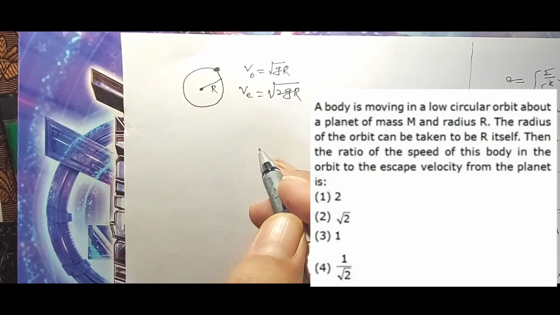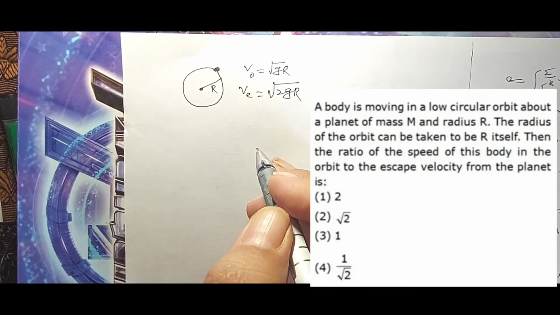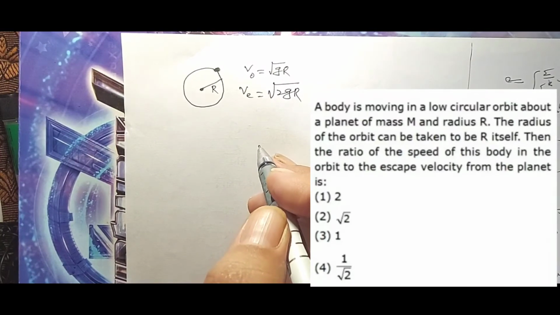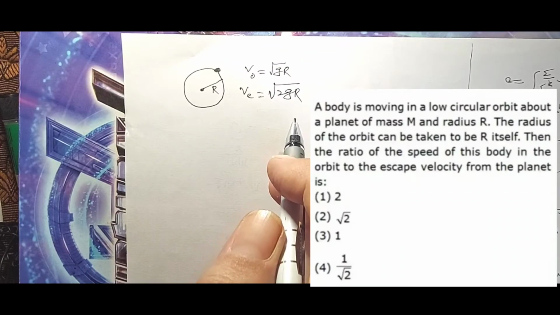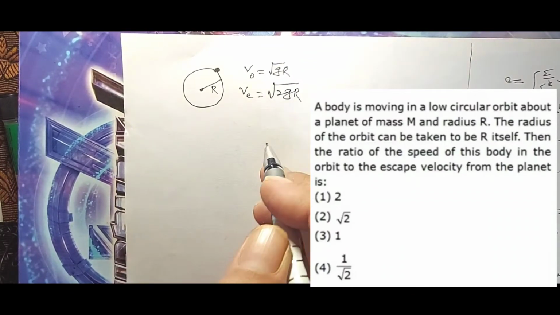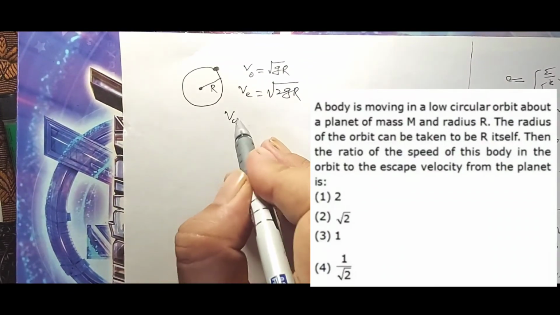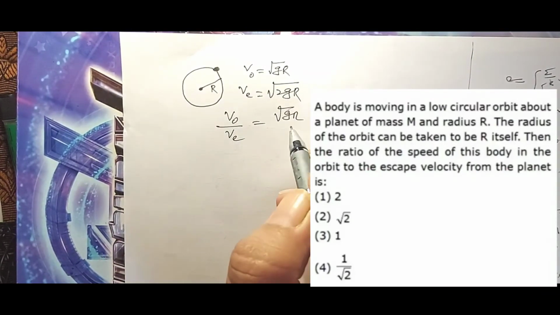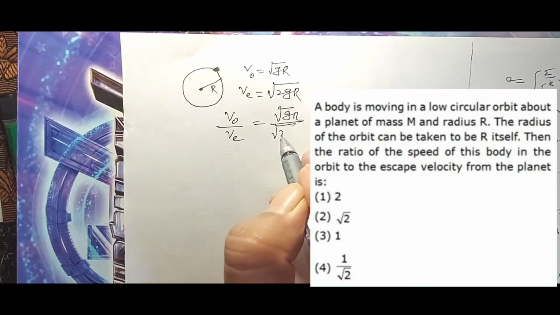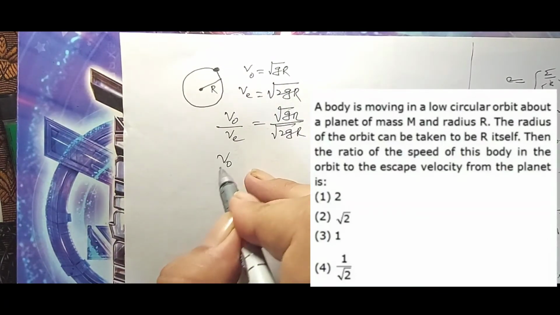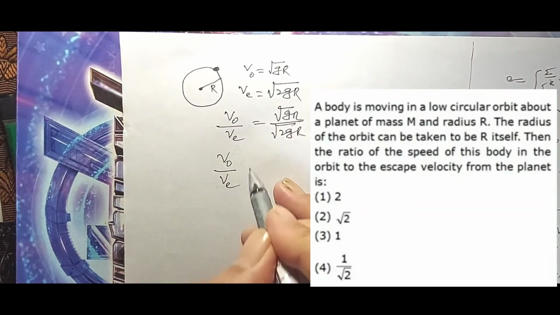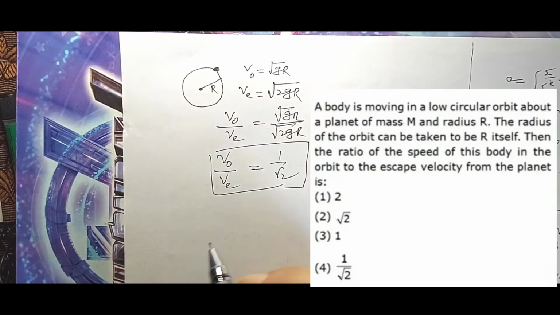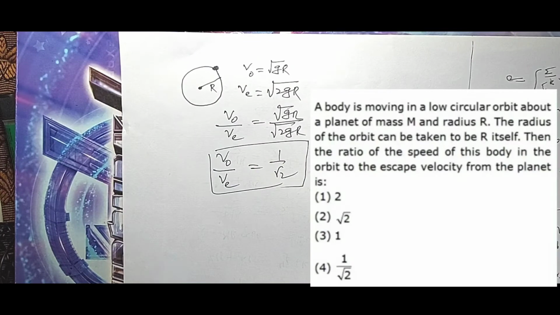What do they ask here? The ratio of the speed of the body in the orbit to the escape velocity from the planet, that means v0 by ve is equal to square root of gr divided by square root of 2gr. So v0 by ve, we got 1 by root 2. So this is the answer.